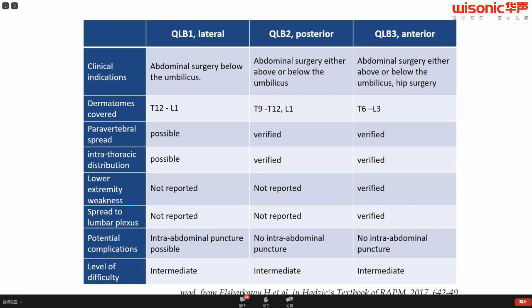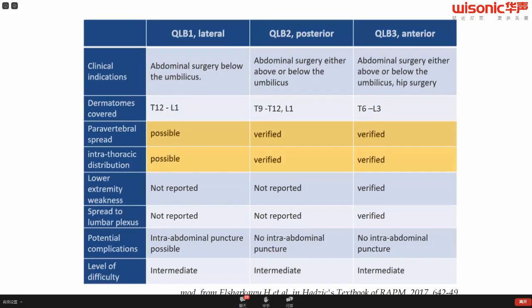Summarizing the data from the cadaver and clinical studies, we can say that after a lateral quadratus lumborum block, the dermatomes are covered from T12 to L1, after a posterior QLB from T9 to T12 and L1, and after an anterior QLB from T6 to L3.